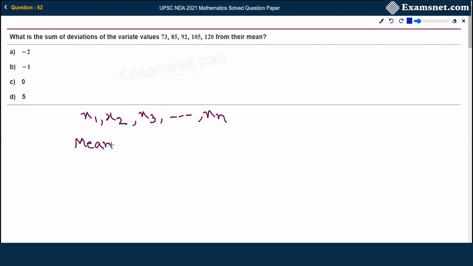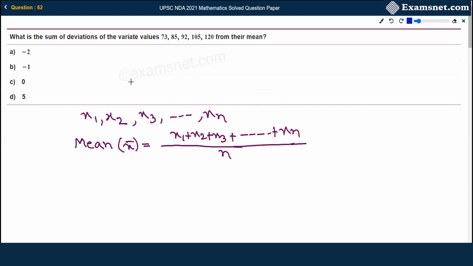The formula for finding the mean, let's say x bar denotes the mean, is x1 plus x2 plus x3 plus up to xn by n, the total number of observations. This is the formula of finding the mean.